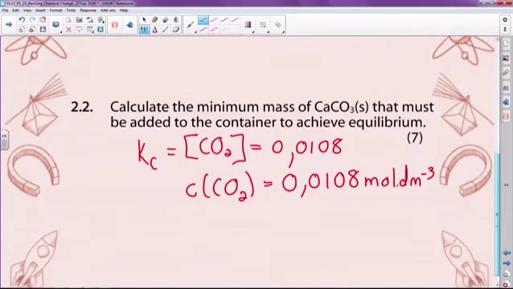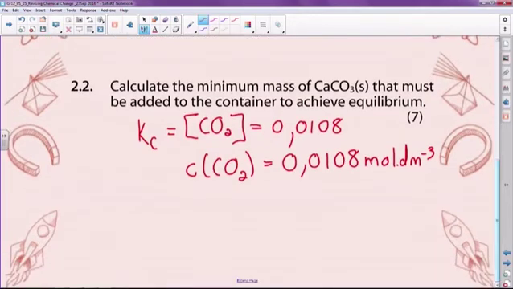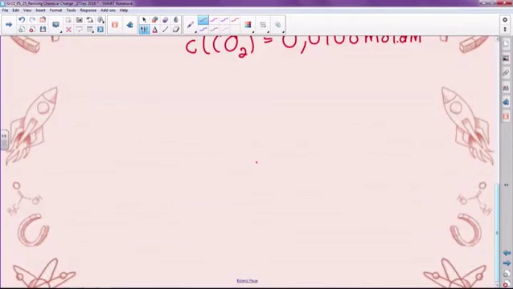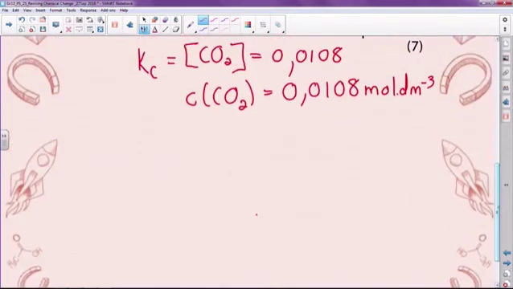From here, I can actually work out how many moles of carbon dioxide I used. Right at the beginning, we worked out the concentration. So initially, watch what I'm going to do here.